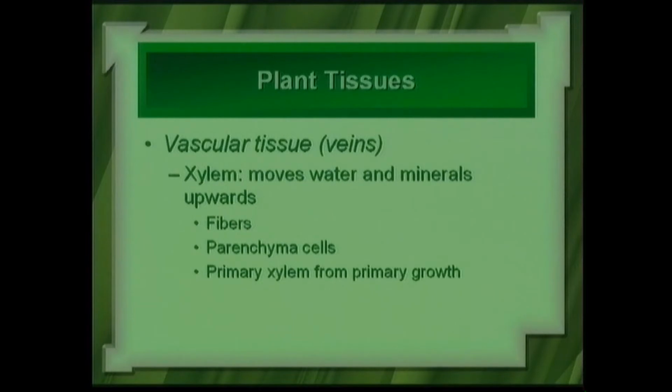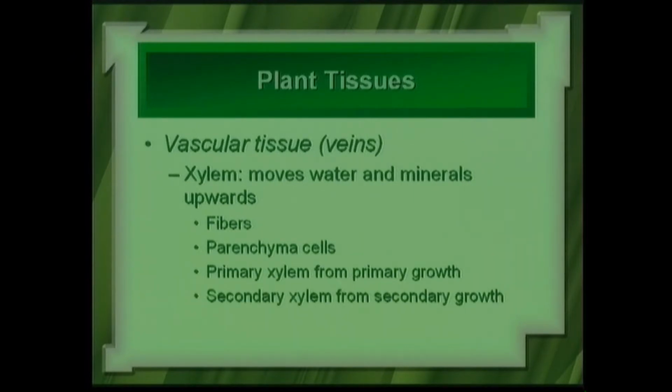Generally, primary xylem results from primary growth. And do you remember what primary growth is? Yes. Primary growth comes from the apical meristems. Primary growth is growth in an up and down direction, or in a lengthwise direction, resulting in primary types of cells.